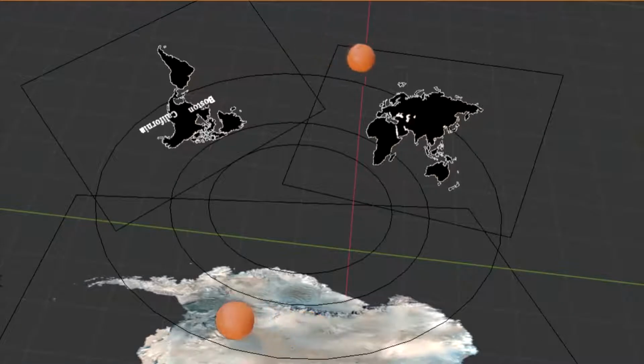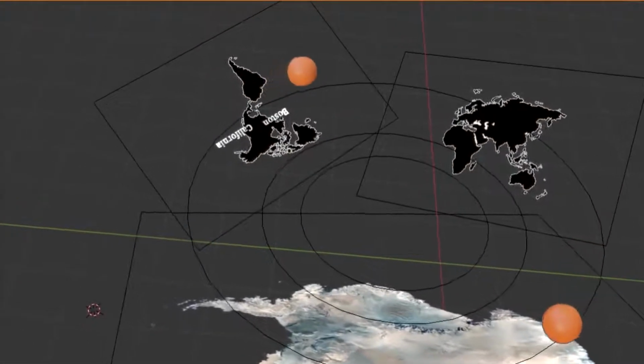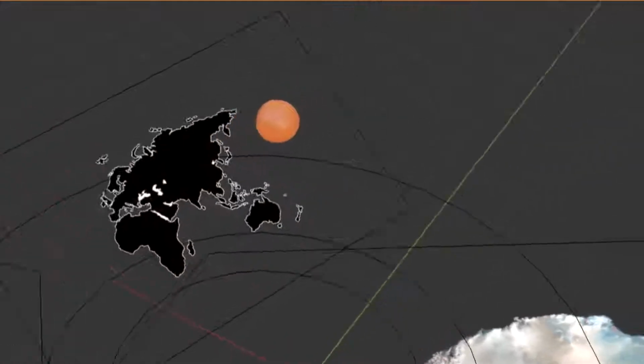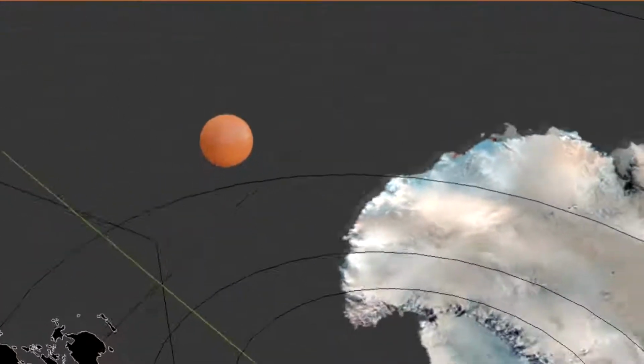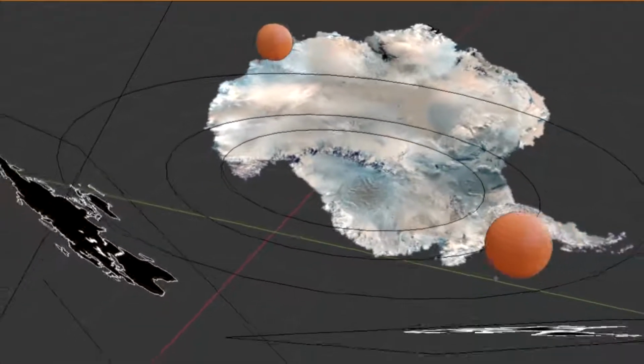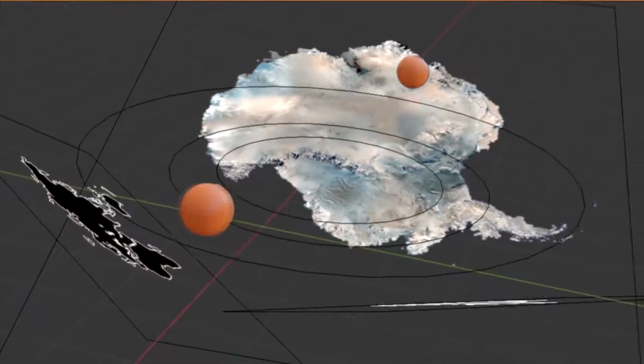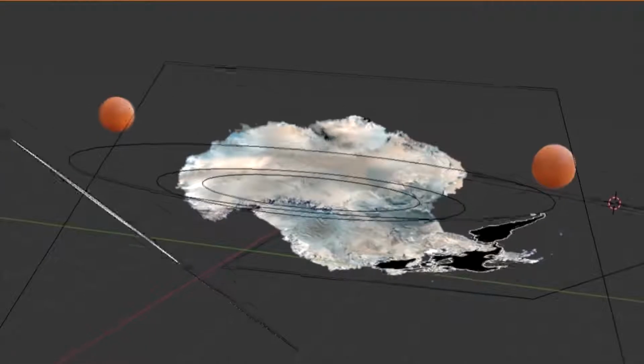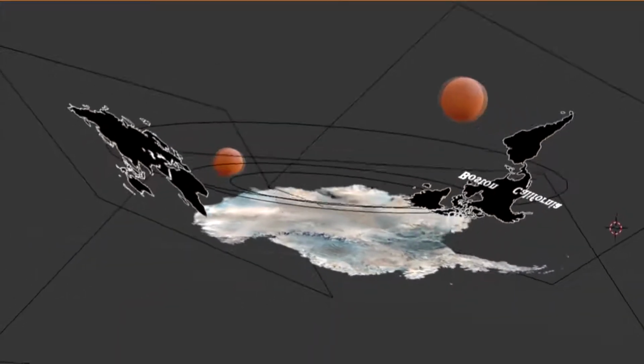Now that I know the position of the continents, I can start looking for the light, the sun. In a previous video, I showed you that we probably need 2 suns to create the time zones as we know them. So now there are 2 possibilities.